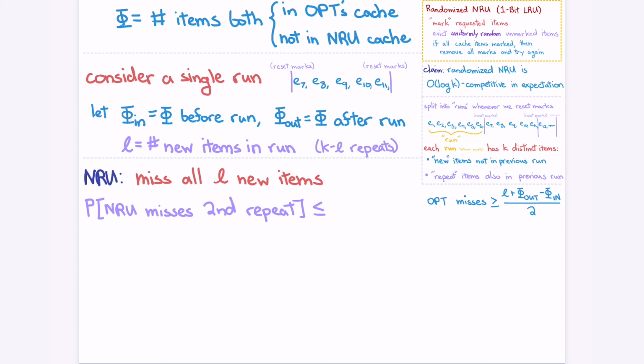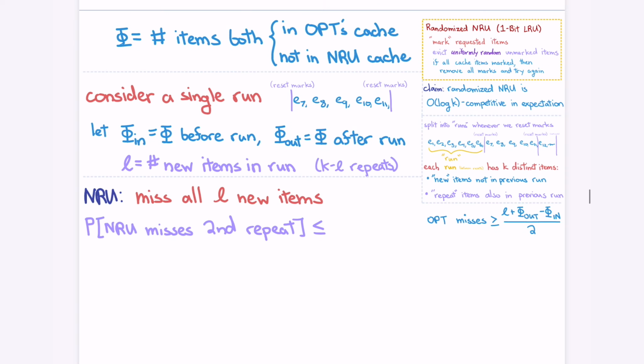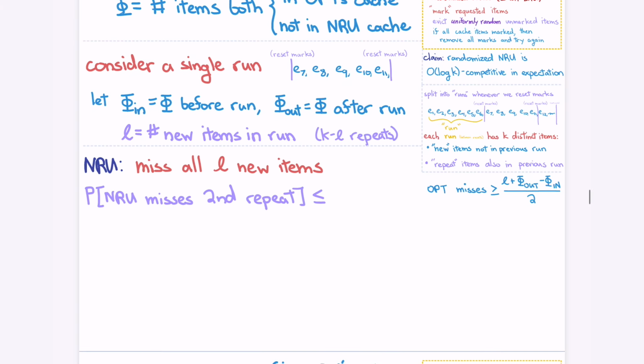That adds up to one full hand. It's going to be much simpler, I think. But you're in the right. Yeah, L plus 1, because there's L new items plus the one for the first repeat item. So that's L plus 1 that were kicked out before this one was requested. So you get L plus 1 over K.